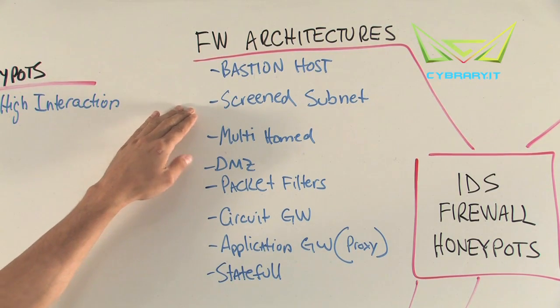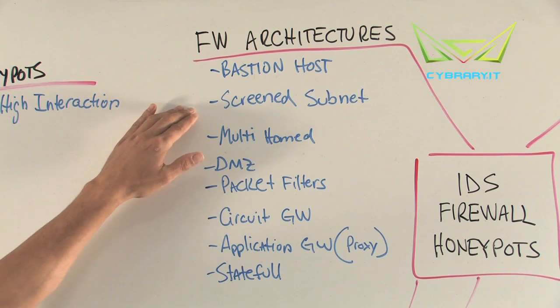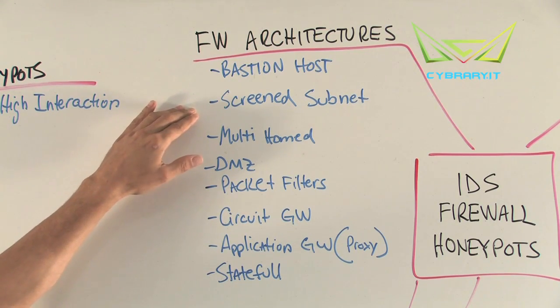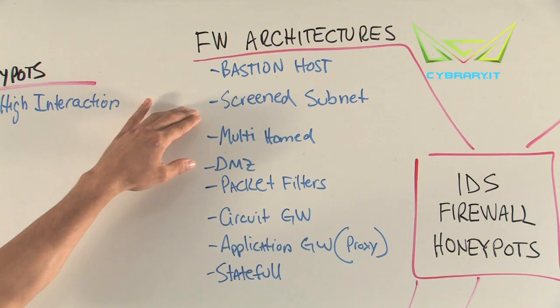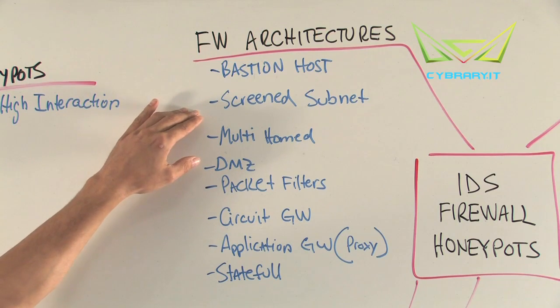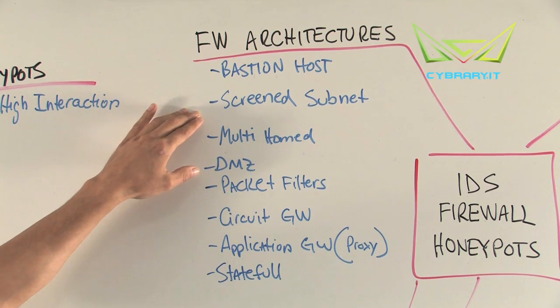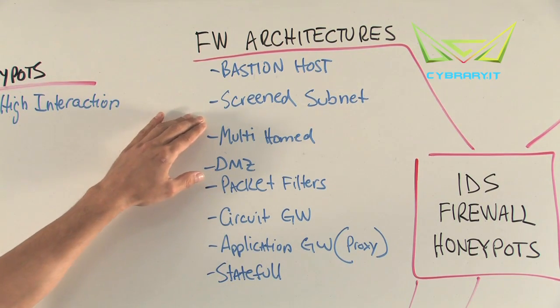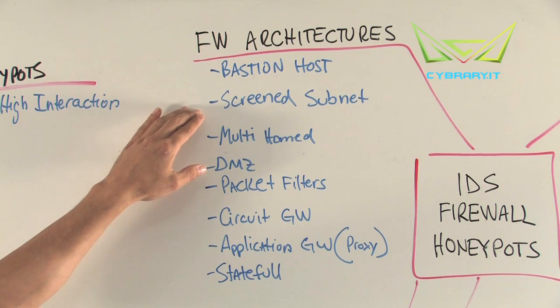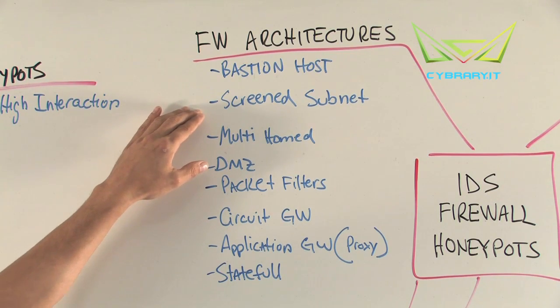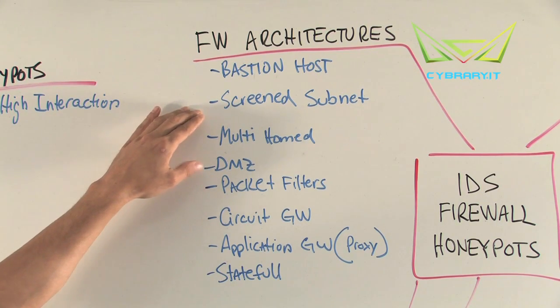The next concept would be a screened subnet, and this is realistically close to the DMZ architecture, but it's a firewall or a multi-homed firewall which basically has another subnet off to the side, and that separate subnet would be used to house some sort of architecture like a web server or a database or a proxy server or a front-end RADIUS, a RADIUS client or something like that.